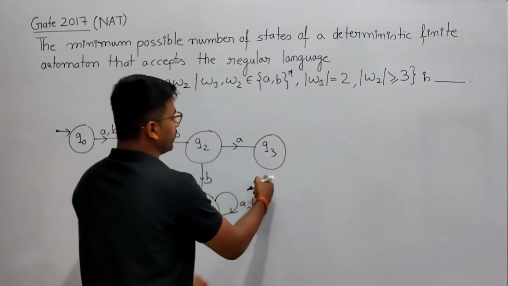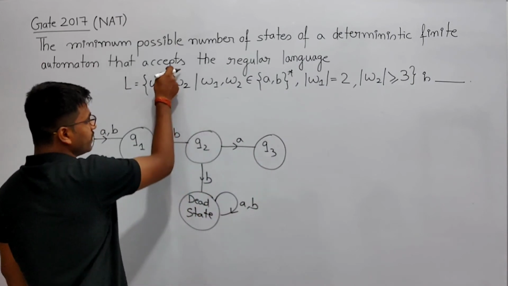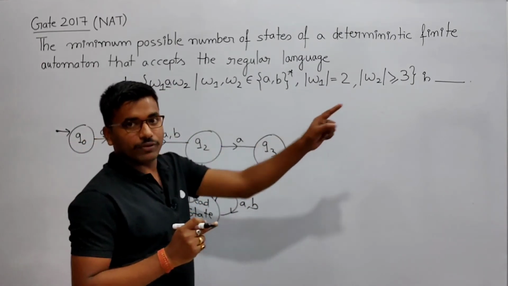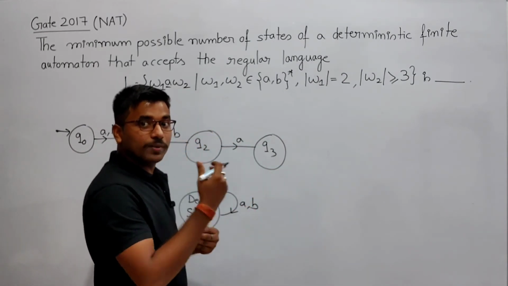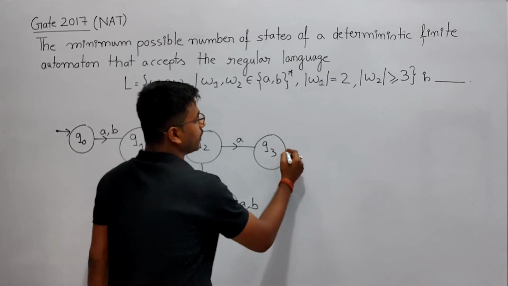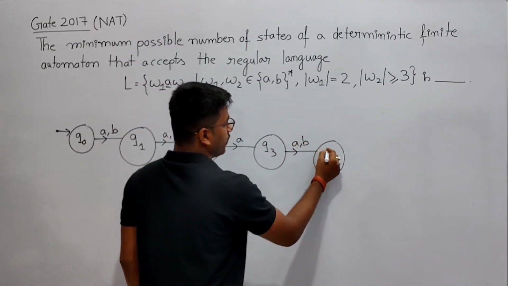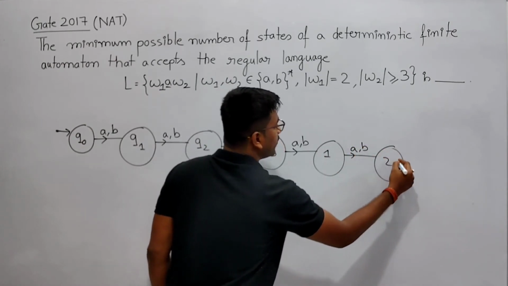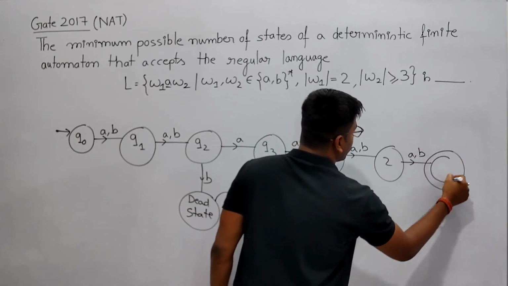Now you reach Q3, so for this it is done. Now you will get W2. W2 should be greater than or equal to 3, so after that you need to take a string whose length should be greater than or equal to 3. A or B, length 1. Now again A or B, length 2. Again A or B, now length 3, accepted.